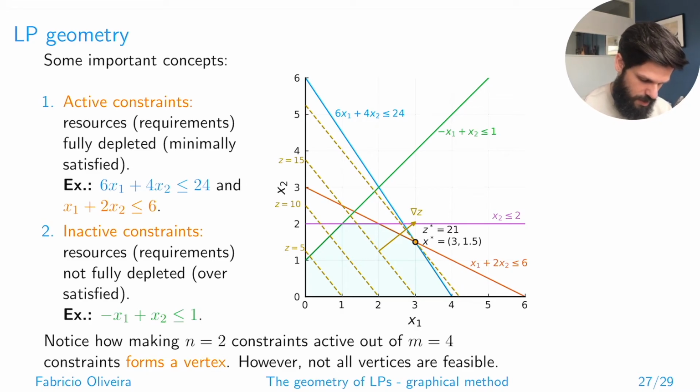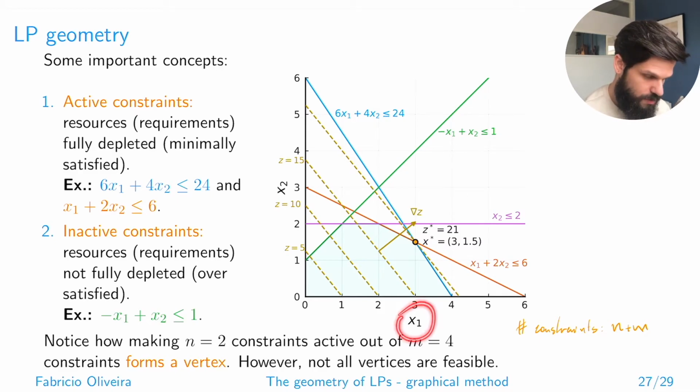By the way, this one and this one are formed with constraints that are not explicitly here. In fact, the total number of constraints in our problem is n plus m, because we have the m original problem constraints, but we have another n constraints. Remember that n is the number of variables, and associated with each variable is its non-negativity condition.